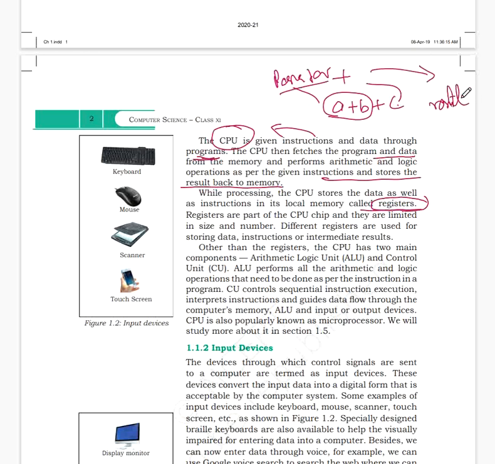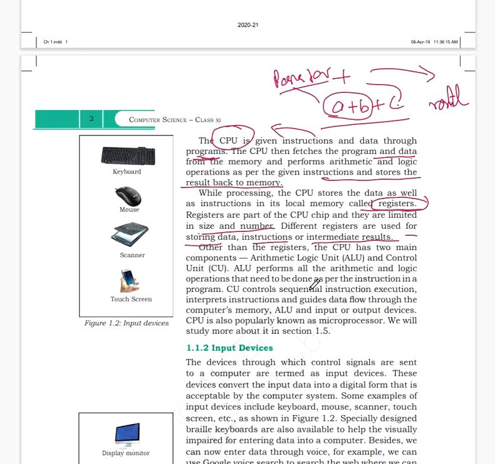So intermediate results and the instructions to be executed are stored in the registers. Registers are part of the CPU chip and they are limited in size and number. Different registers are used for storing the data, instructions, or intermediate results.